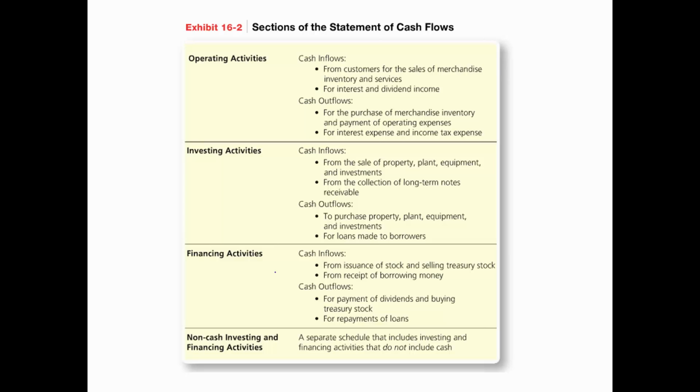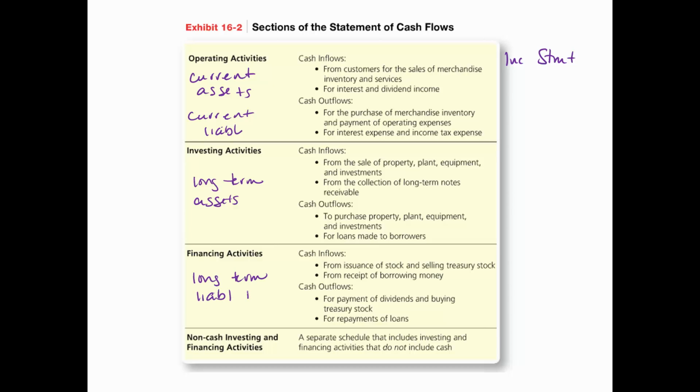Cash flows from operating is a little bit different, but again, remember this is current assets, current liabilities, and then also anything from the income statement. Investing will be long-term assets, and financing is long-term liabilities and equity.